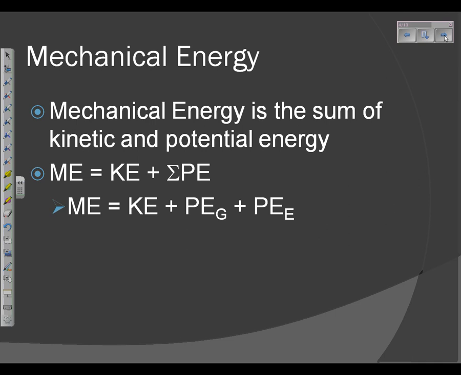And we said that the specific types of energy that show us that motion and location are kinetic and potential. But there were two kinds of potential: gravitational potential and elastic potential. The sum of those three, the total amount of those three all together, make up the mechanical energy of a system.